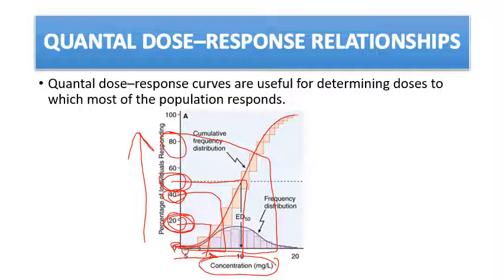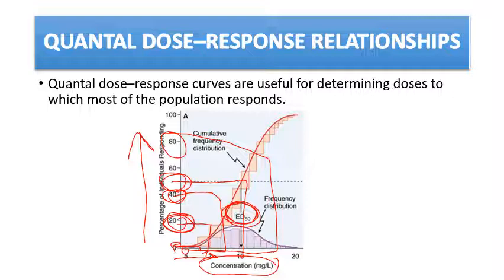So the drug concentration or the dose that can produce a pharmacological effect in 50% of the population is called ED50, or the effective dose 50. It's also a measure of how effective the drug is in a population.